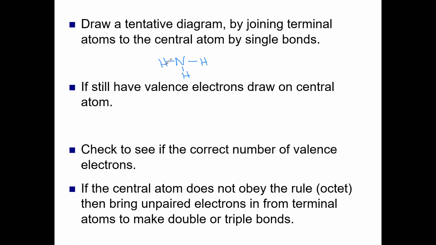We saw earlier that we have a total of 8 valence electrons for our NH3 molecule. Now we need to see how many of our valence electrons we've actually drawn out. For each of our bonds, we have 1, 2 valence electrons, 3, 4, 5, 6. So far, we've only drawn out 6 valence electrons.